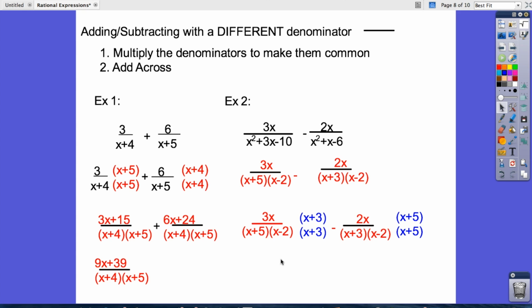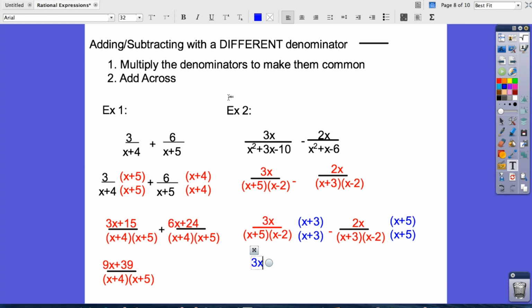So we'll be left with, on the numerators, 3x squared plus 9x minus 2x squared plus 10x.